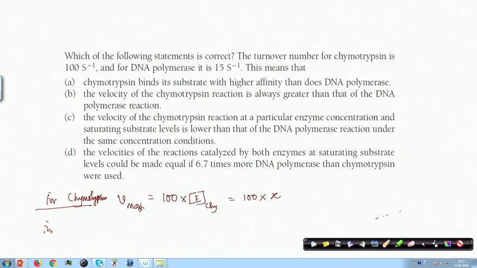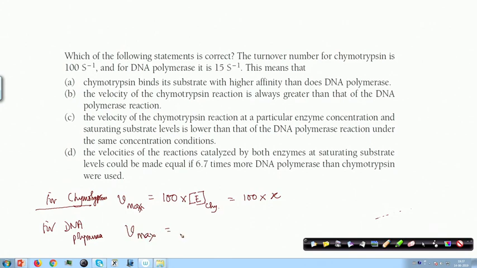So, for DNA polymerase what will happen? You are using an enzyme concentration which is 6.7 times. DNA polymerase is 6.7 times more concentrated than the chymotrypsin. So, in that case, Vmax will be equal to what?